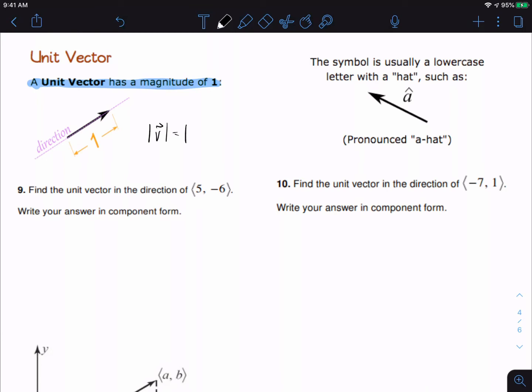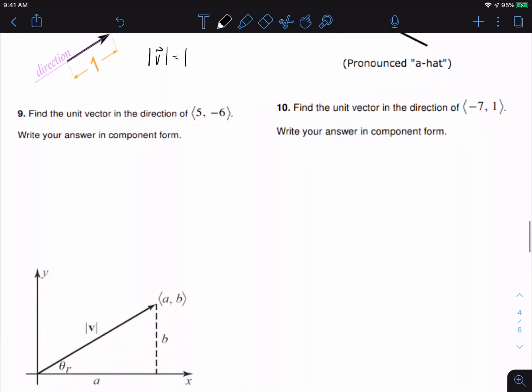So, here we go. We have: find the unit vector in the direction of 5, negative 6, and then they want us to find the components. So if we were to graph this thing, we'd graph it. There's x. There's y.